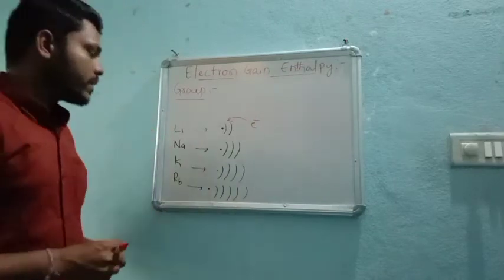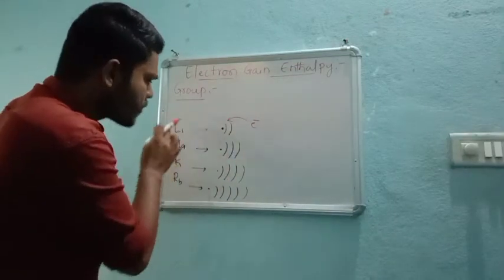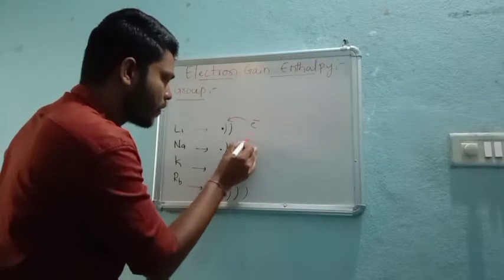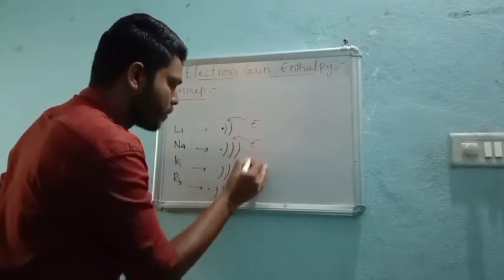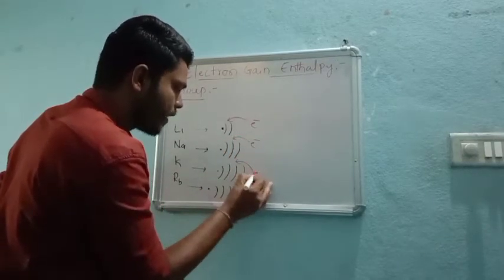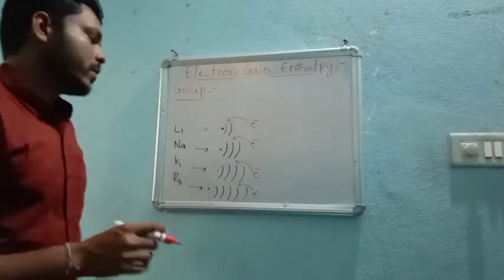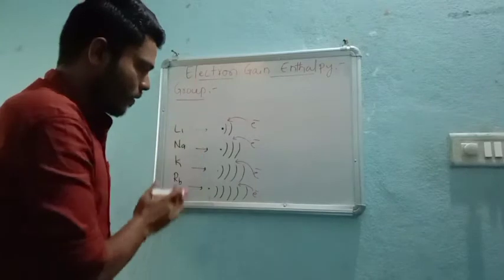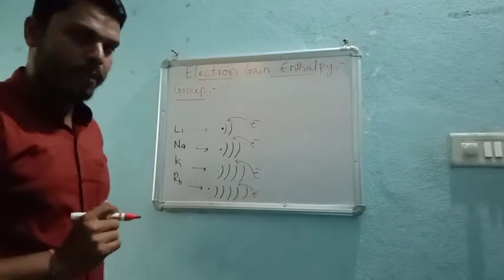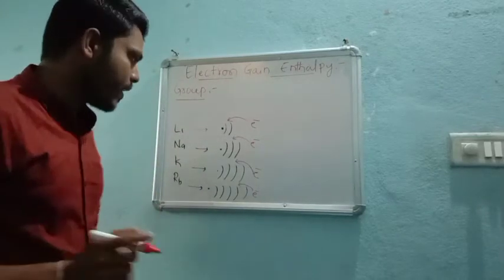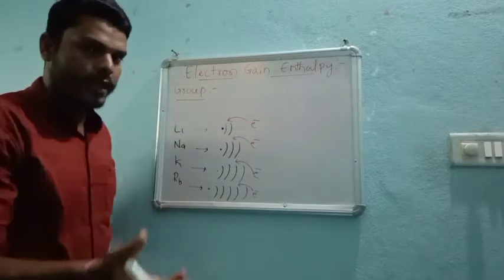So now see, after seeing all these four examples, try to add the electron with respect to atomic size. After having these examples, we can decide that as we move down the group, atomic size is increasing.